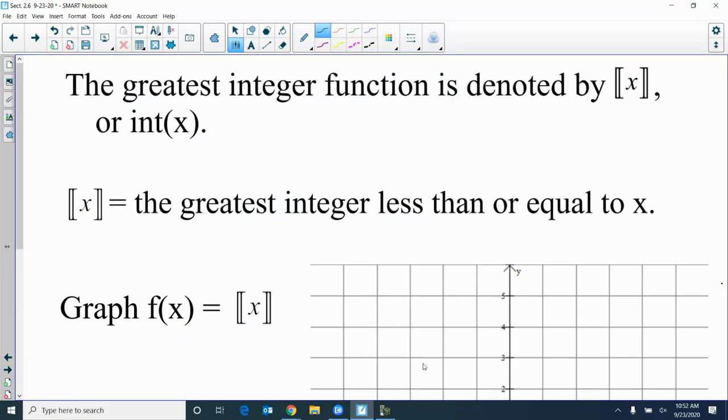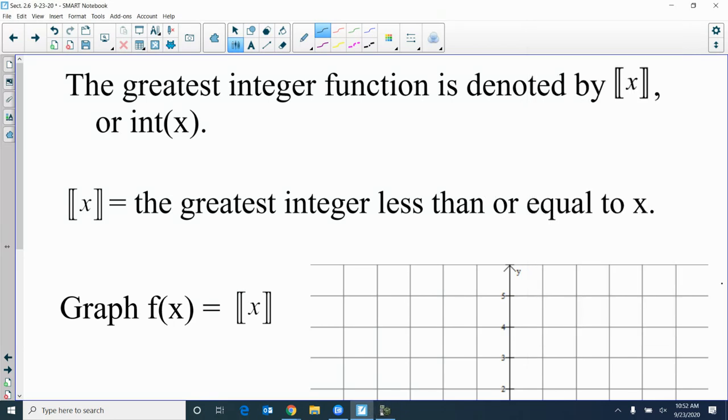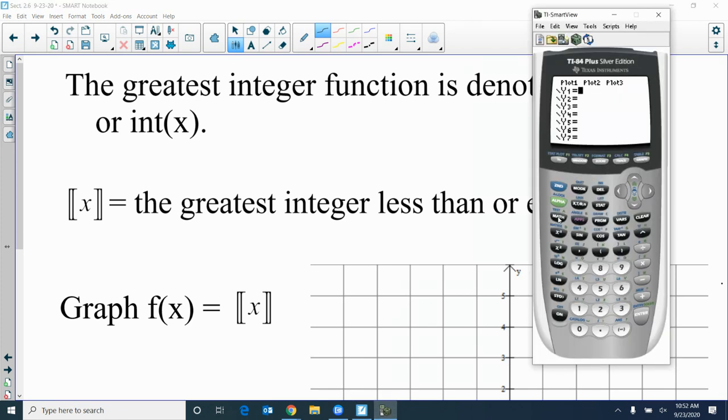Go to y equals, and as you see here, you have this notation, like a bracket with a double bar there, and it says int or integer x. To find that, you go to math. Go under the number menu, and it's number 5. You're going to hit that, and then just plug in x there. Just plug in x. All right, and then hit graph.